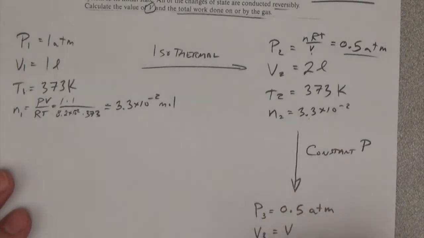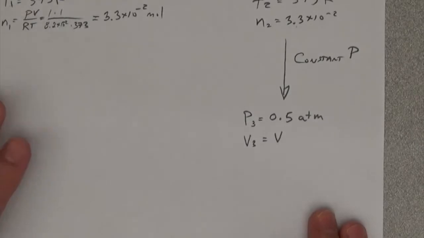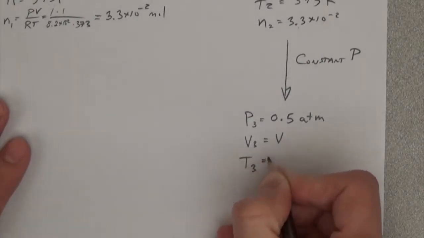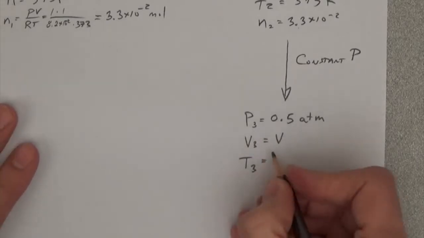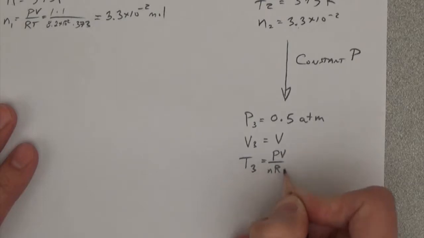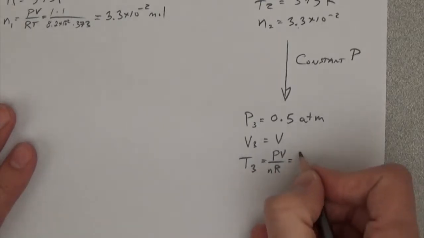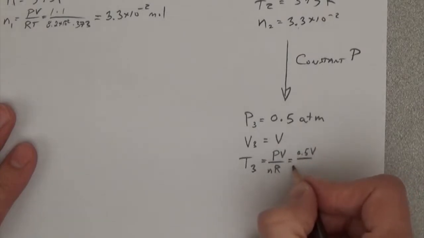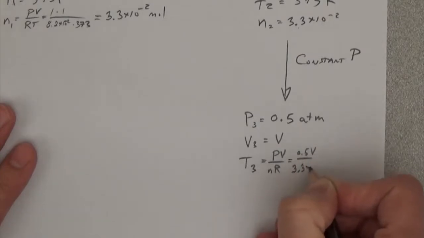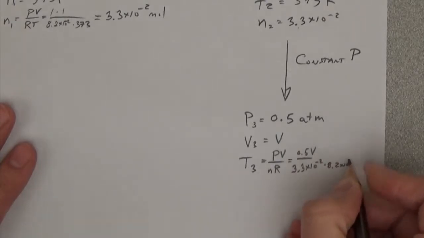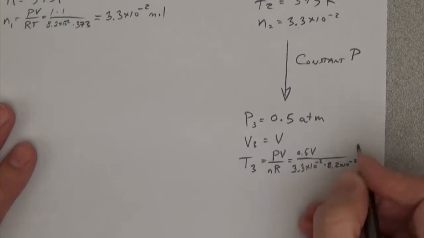V3 is equal to our unknown volume V. T3 is equal to PV over NR is equal to 0.5 times V over 3.3 times 10 to the minus 2 times 8.2 times 10 to the minus 2.